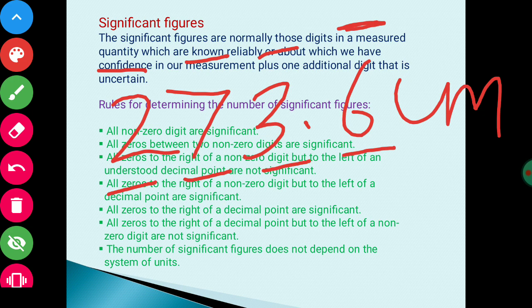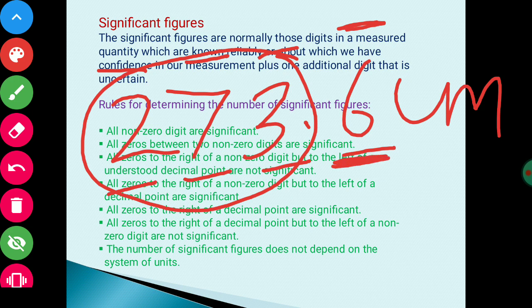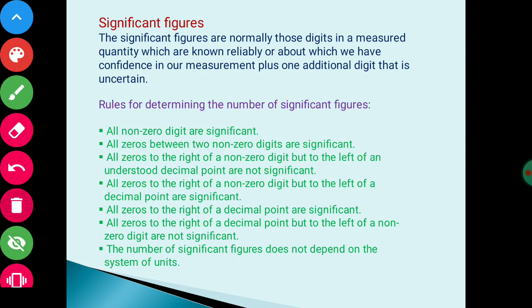Because when anyone measures the length of an object, the certain digits never change, but the uncertain digit varies from person to person.